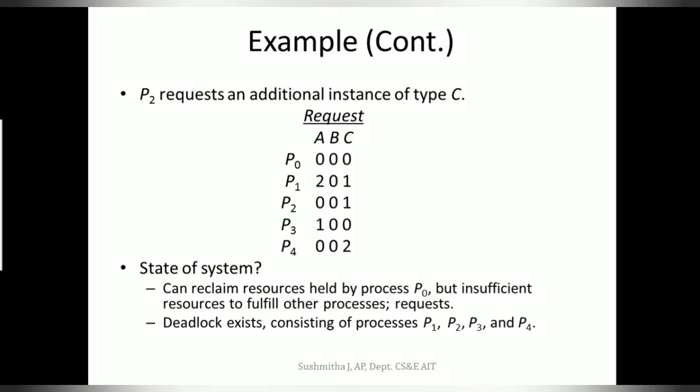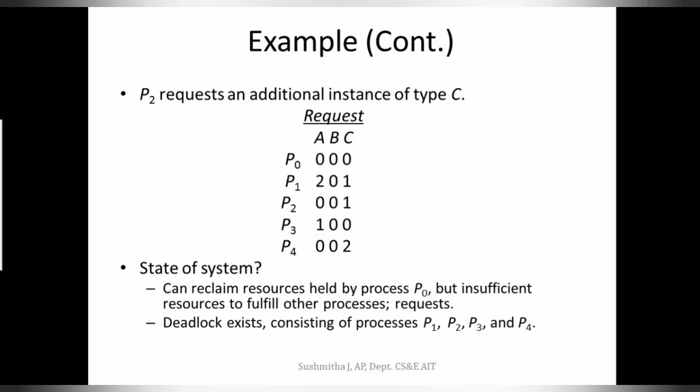And now talking about multiple instances, we have the detection algorithm. If we are able to satisfy the request and the process finish turns to true, then probably there is no deadlock. If the finish is ending up with false, then probably we end up with a deadlock.